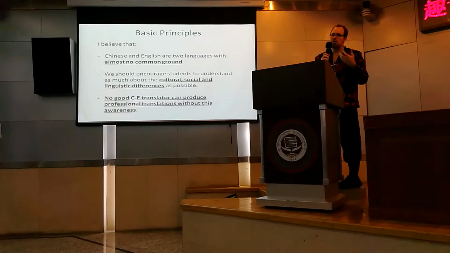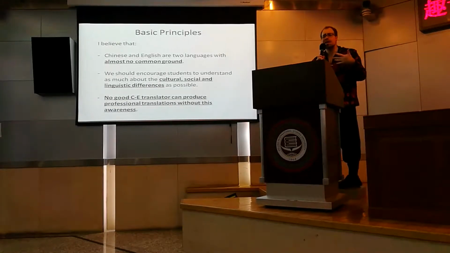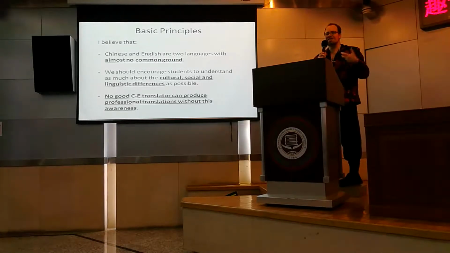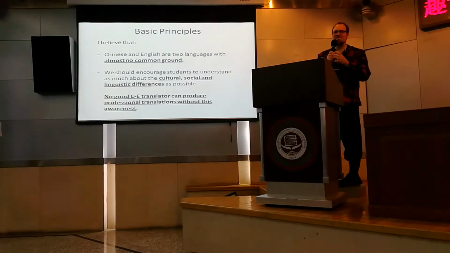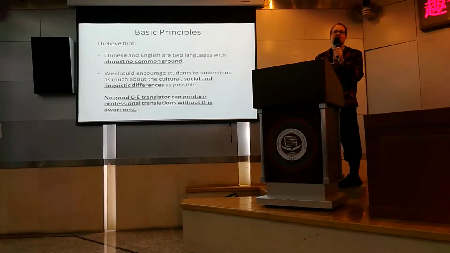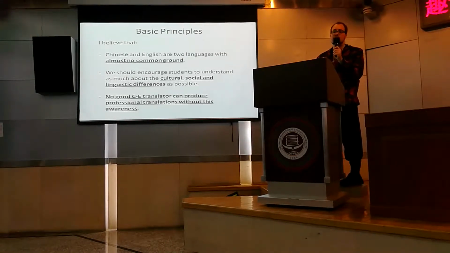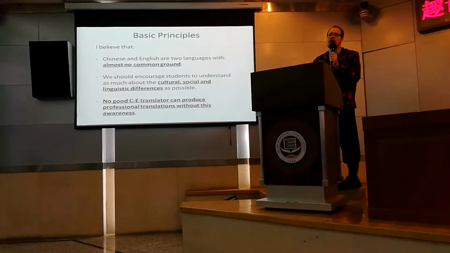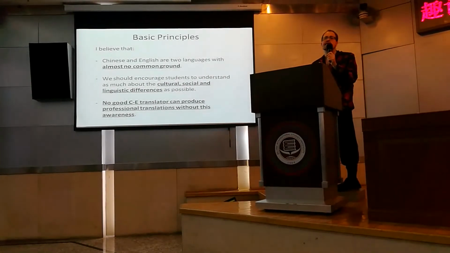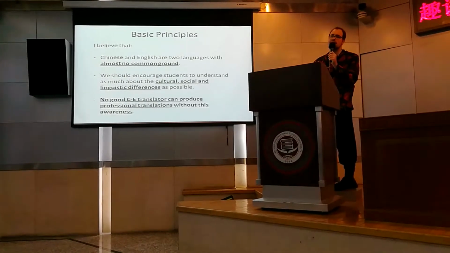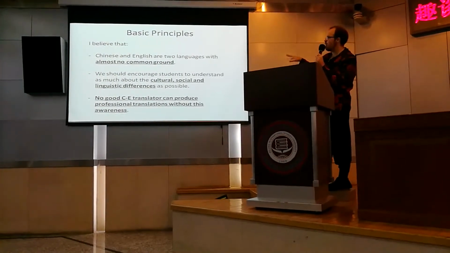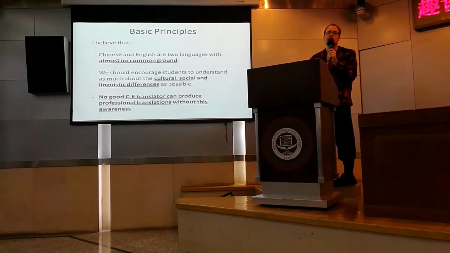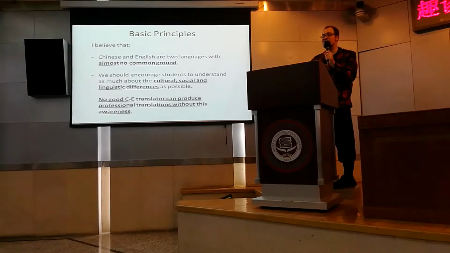And so I think if you don't acknowledge that, if you take it for granted that, I don't know, translating 和谐社会 as harmonious society is going to be a lovely translation, then I think you're going to have trouble with native speakers of English. So I think my process is really about acknowledging that there are really big differences and we have to work on that during the process. And I'll explain more about that later. Secondly, I think good teachers of translation in China should acknowledge these differences and we should teach them specifically.